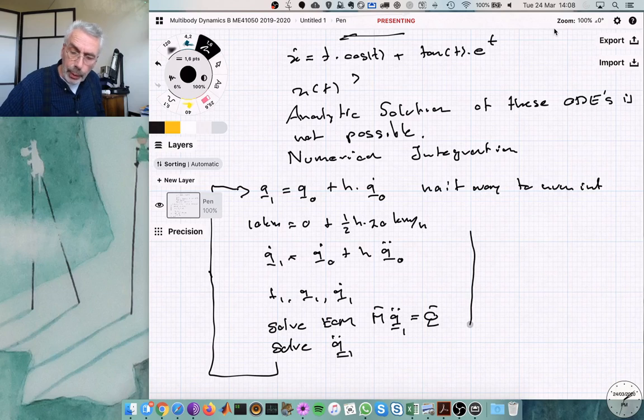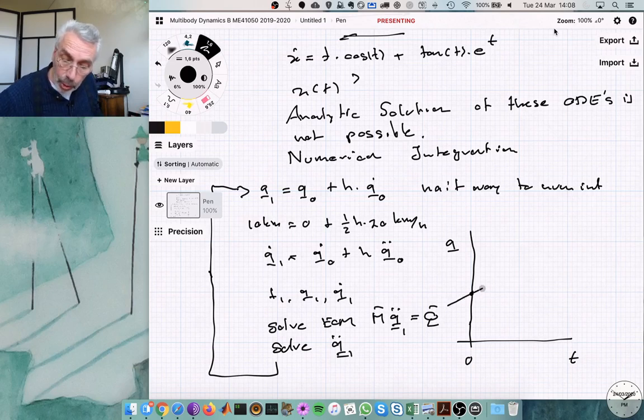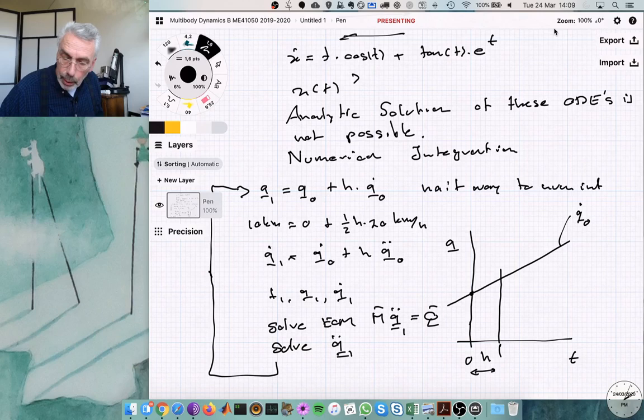Now there is a graphic way to interpret what we are doing. You draw a graph, and on the horizontal axis you say t, and on the vertical you say q, and then at t0 the only thing I know, I have no clue what the function will be here, but the only thing I can calculate is q dot. So this slope, this is q dot at 0. Given that slope, and given some finite step size h, and this is t1, you can estimate approximately what is my new position.